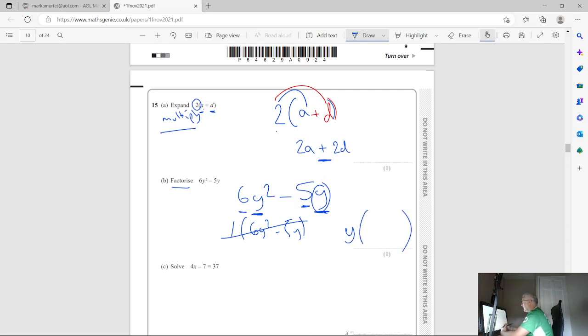Let's put a bracket. Now if I take that one y out, and I take one of these, remember it's y times y, take one of those y's away, that's like removing the square. So I've just got one y left. So what have I got left on this side? I've got 6y on the first term, minus, and I've just got my 5 left there.